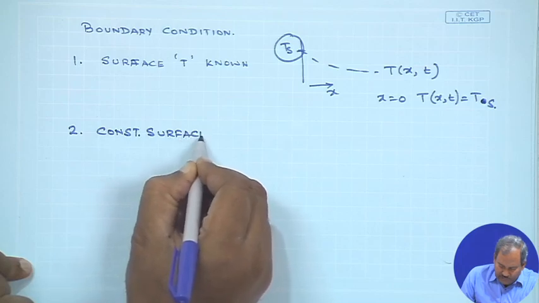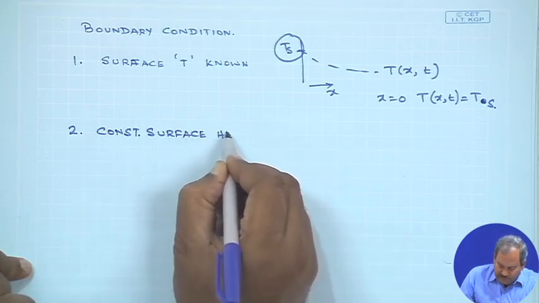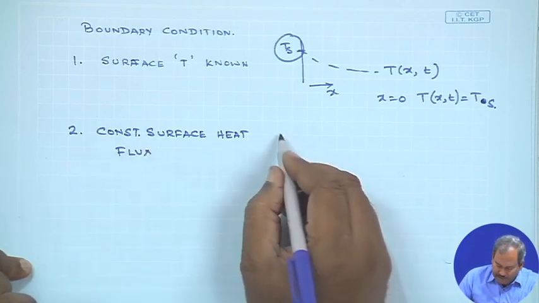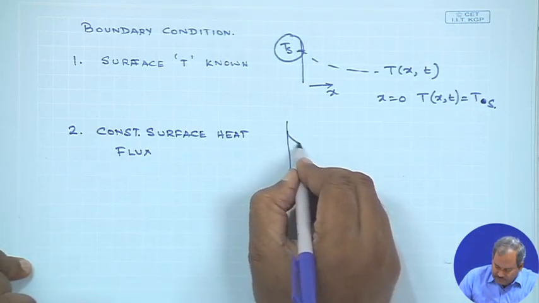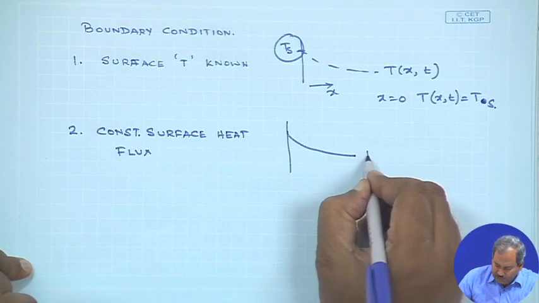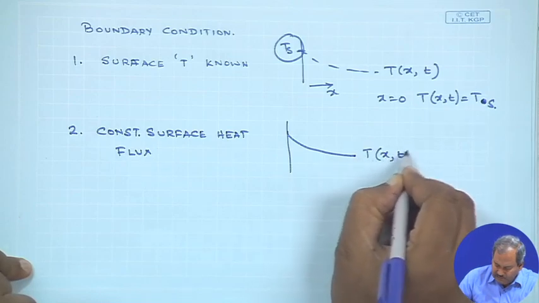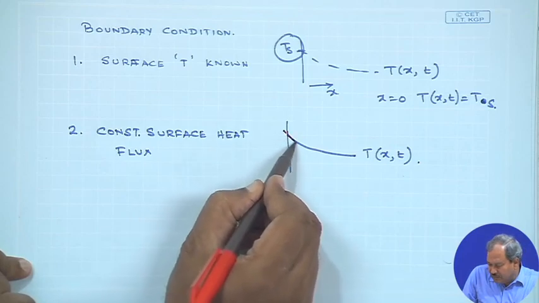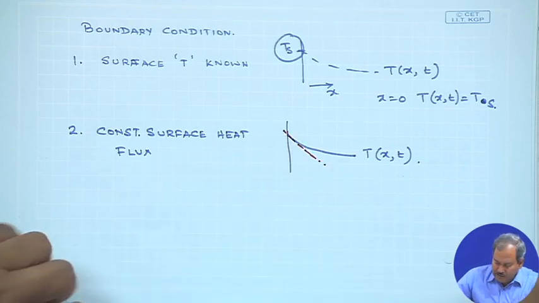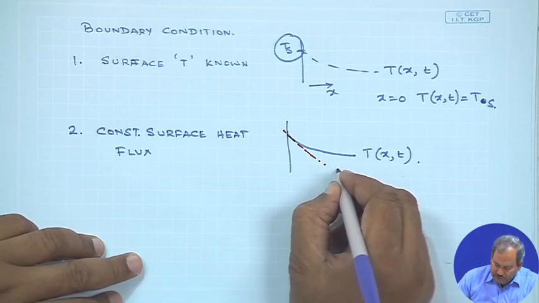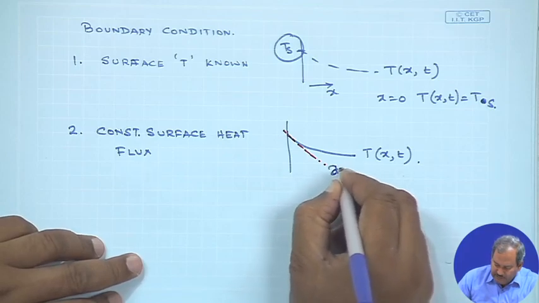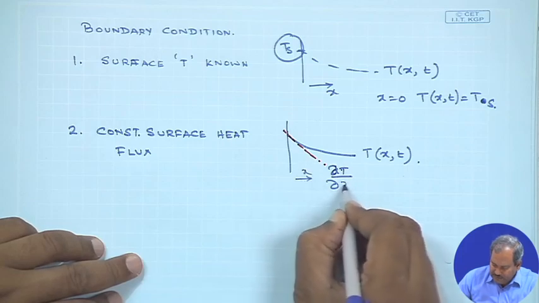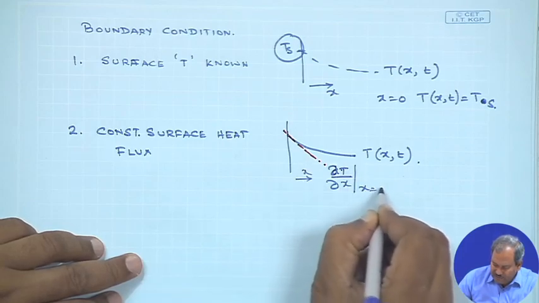What is a constant surface heat flux? That means you have a means of creating a condition. Let us say this is the temperature profile where T(x, t) is known, and if I draw a slope to this line, this is essentially del T by del x at x equals 0.